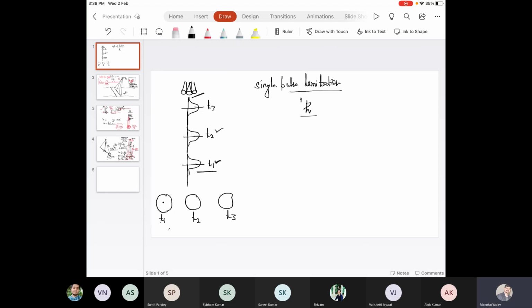To cover this height h in forward and backward direction, how much time is needed for a laser beam? Who will tell me? The total time needed to cover the distance h two times, forward and backward. So let's say if the beam is traveling at a speed of light c, so how much time will be required?